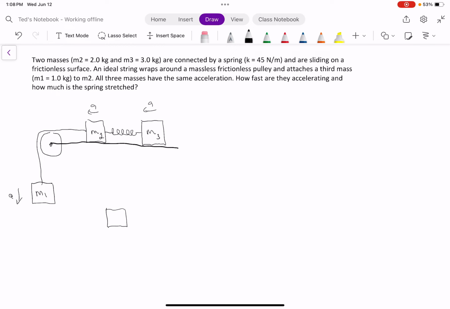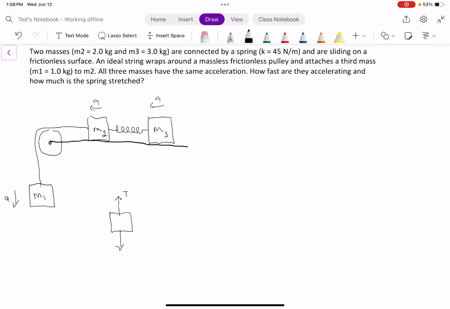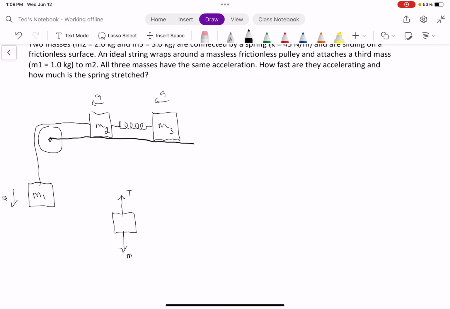So for M1, we have the string pulling up, so I'm going to label that with T for tension. We have gravity pulling down, so I'm going to label that M1G. Because we've got three different masses, we're going to have three different gravity forces, so I want to be able to label each one differently.